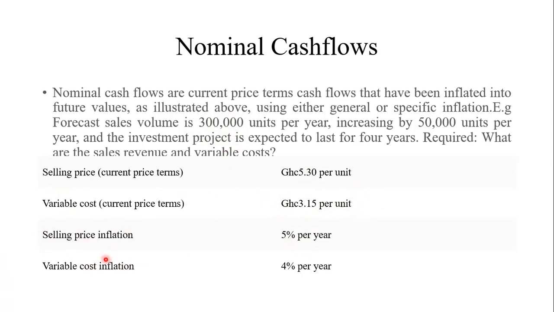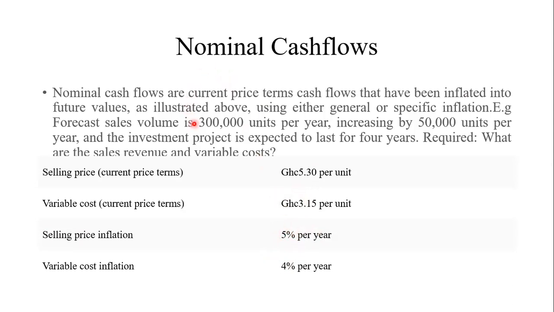Variable cost inflation is 4% per year. It means that if your current selling price is 5.3, then the next year your selling price is going to increase by this 5%. So you multiply 5.3 by 1.05, and that gives you the selling price per unit for year 2, the next year. And then you keep inflating with the 5% like that.